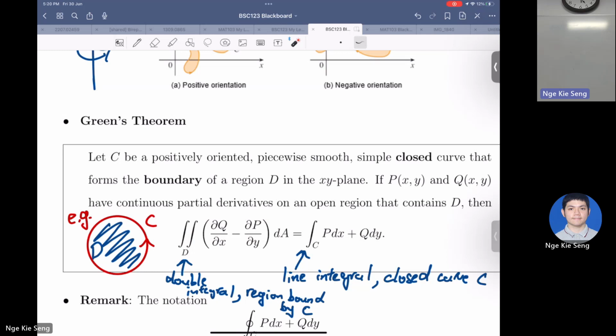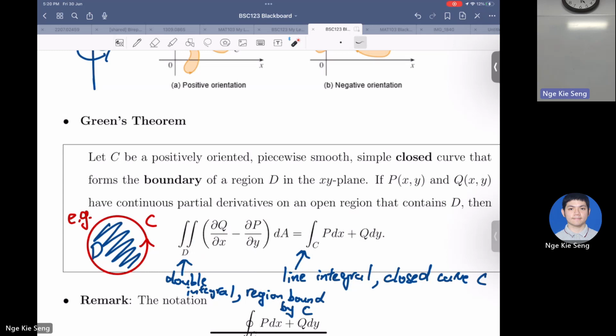So you can think of this P and Q coming from the vector field. But the function on the left is a specific one: you need to differentiate the second function with respect to x minus differentiate the first function with respect to y.